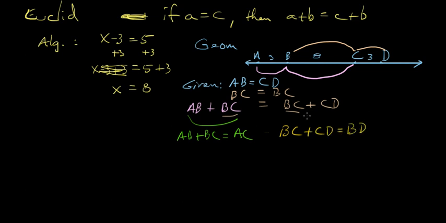And so after all is said and done, AC equals BD. I started off saying that AB and CD are equal, and I ended up saying AC and BD are equal. The longer one including BC is equal to the longer one including BC. So what I've done here is I've just proven the overlapping segments theorem.